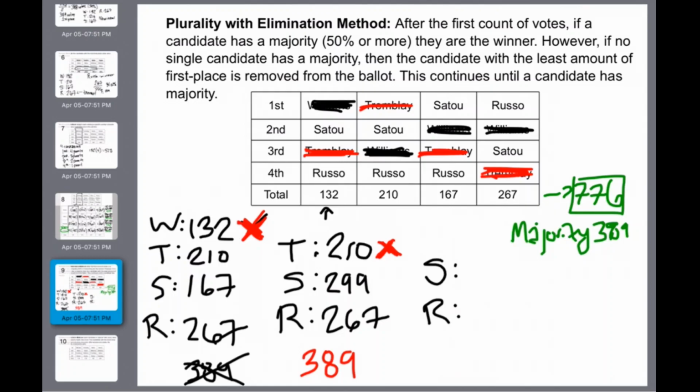If we take a look at our first three columns, Sato comes in first place with the 132, 210, and 167, totaling 509 votes, whereas Russo is still stuck with his 267. Now in our final round with our last two candidates, Sato has breached that 389 majority. More than 50% want Sato as their representative, so Sato wins in this method.